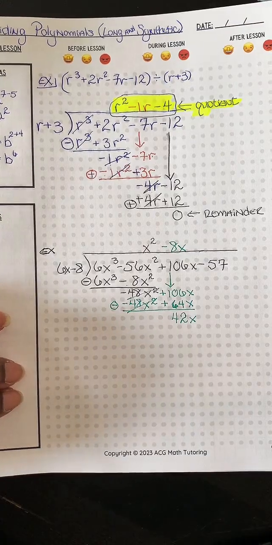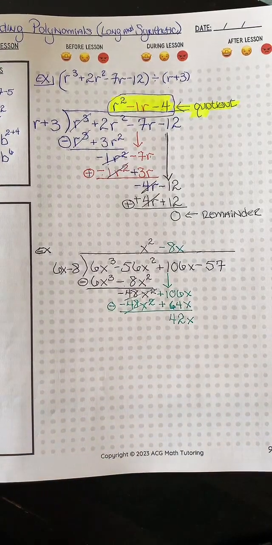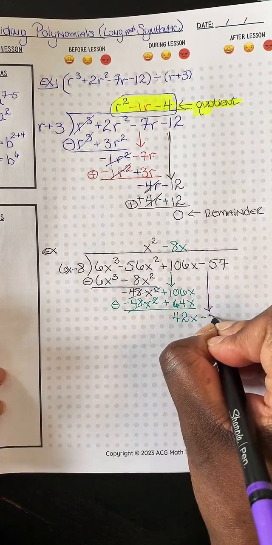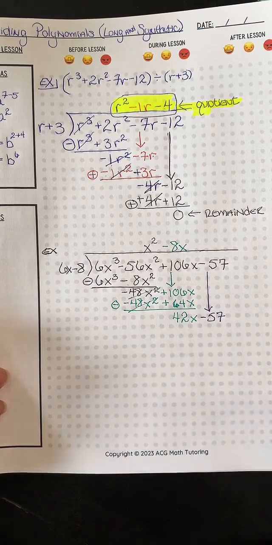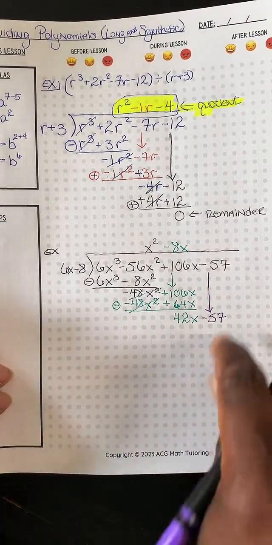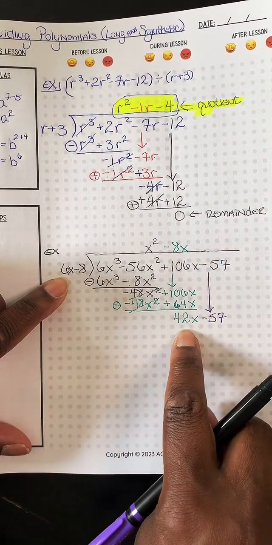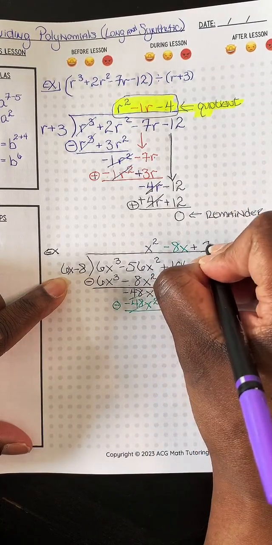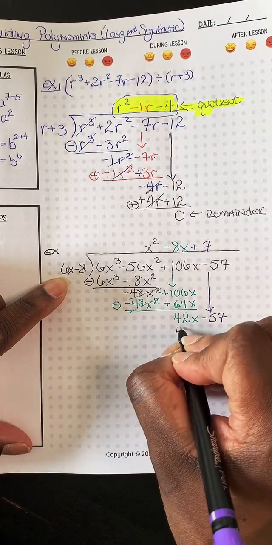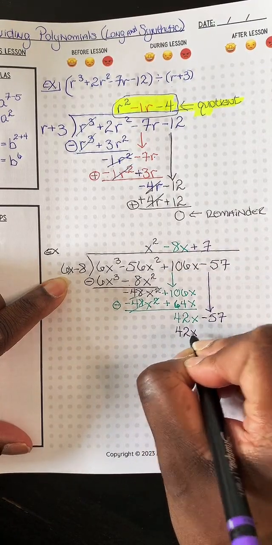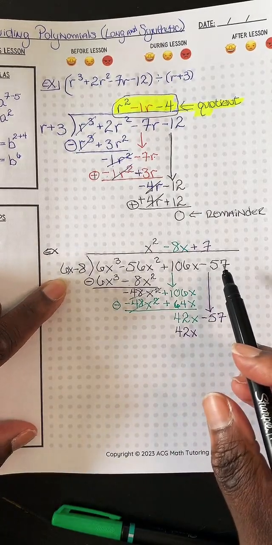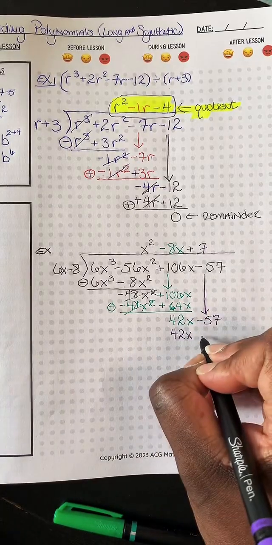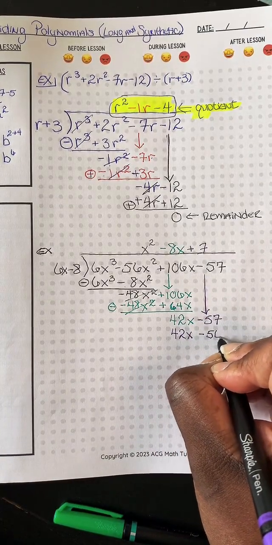Then we're going to bring down the next term, which is a minus 57. Okay, process starts all over again. So what times 6x gives me 42x? That will be a positive 7. I wanted to double check on that sign. And then we have our 7 times our negative 8, which gives us a negative 56.